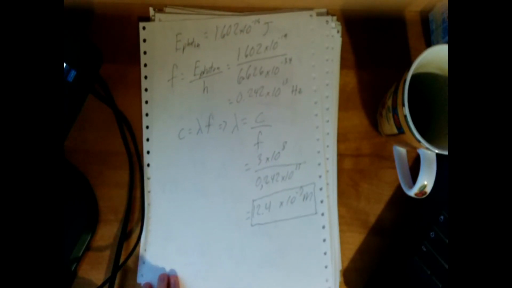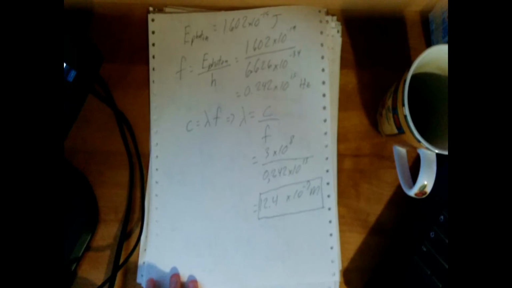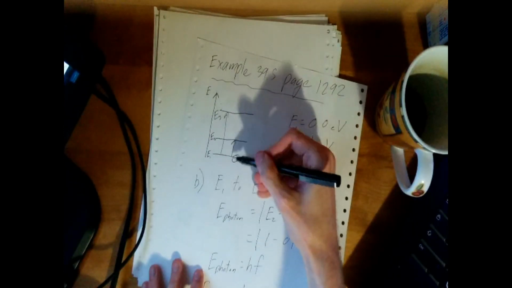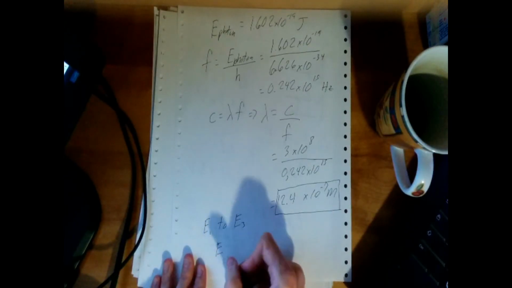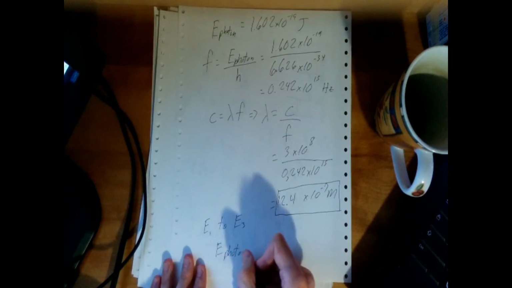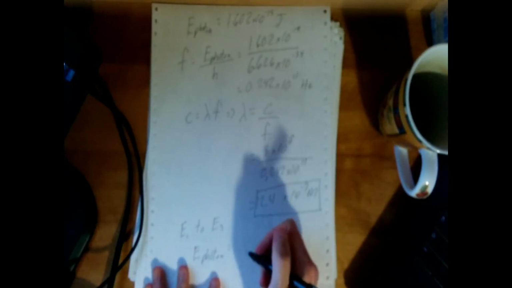For the other transition, we'll have a different wavelength. The principle is the following. We considered this transition, and for the other, from here to here, the energy of the photon, 1, 2, 3, is again given by the difference between the energy of these two levels. It is the energy needed to jump from the ground level to the third excited level.